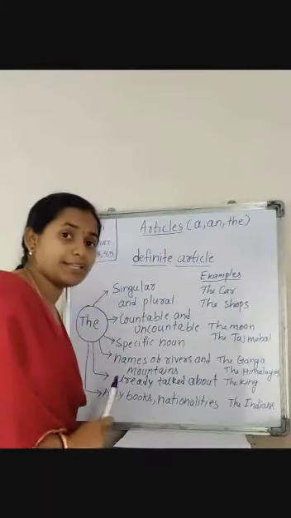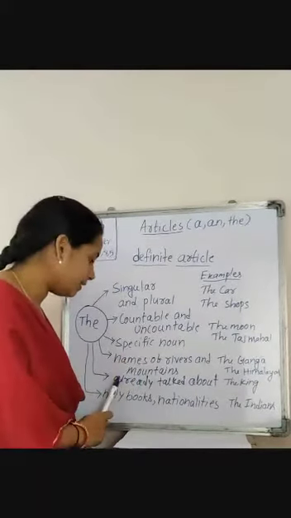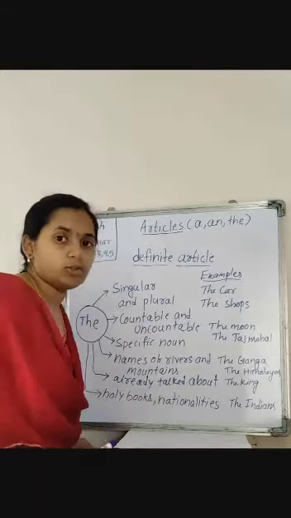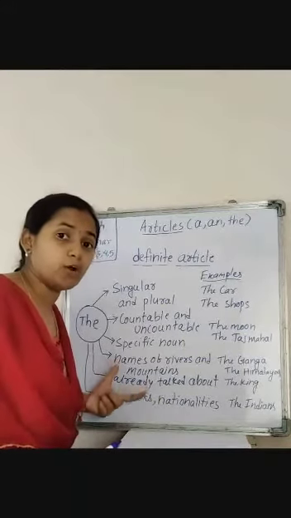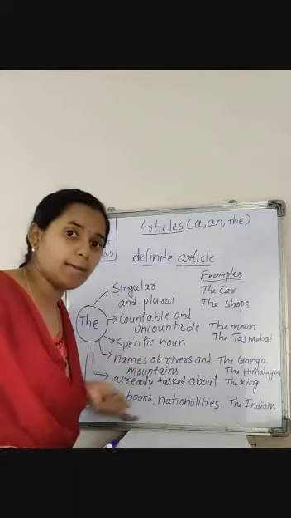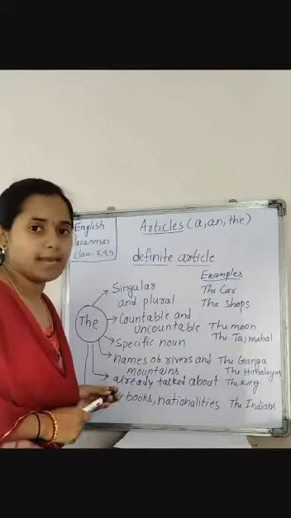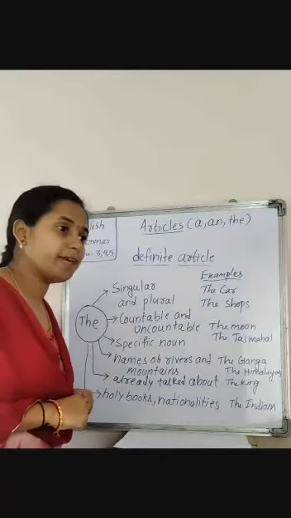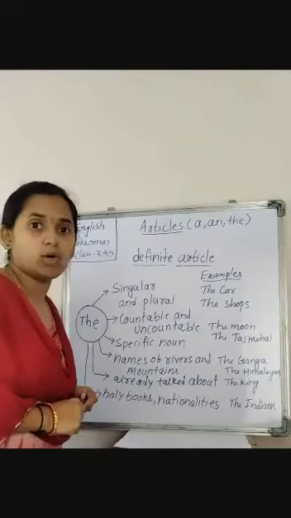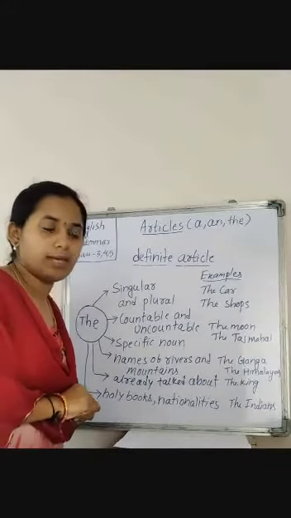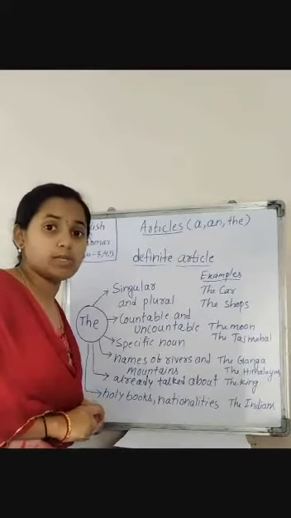Yes. Next rule is very important. See here. What is this? Already talked about. So the can be used before a noun which is already talked about. For example, if I am saying one story, I will say that once there was a king.